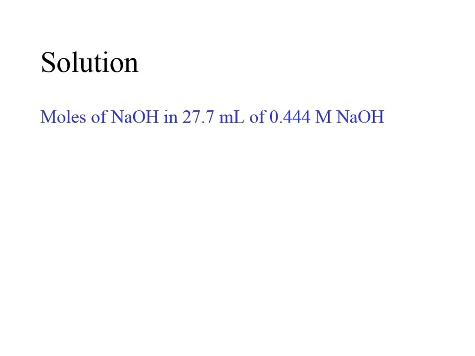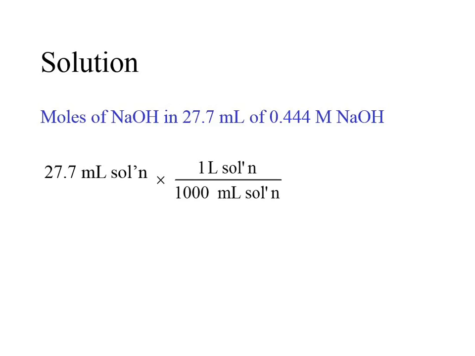Solution. So moles of NaOH. We're going to use the volume, which is 27.7 milliliters over 1. And then we're going to use the molarity, the non-flipped version of molarity. Oh, no, we're not. We need to fix milliliters to liters. So the second term is going to be 1 liter over 1,000 milliliters.